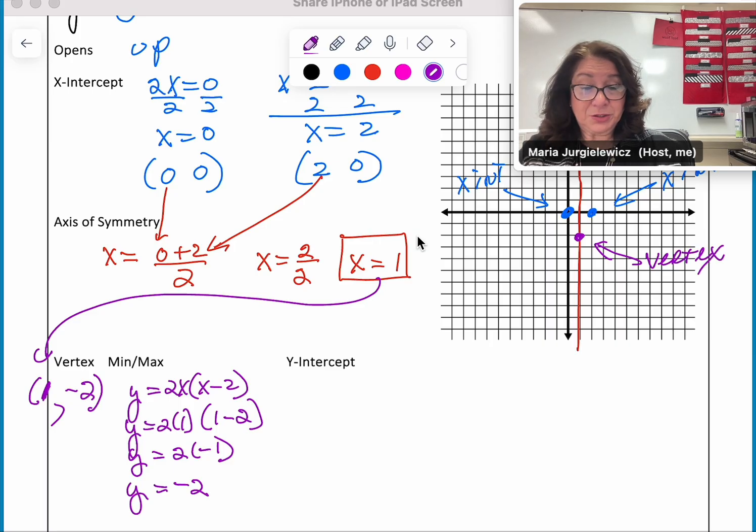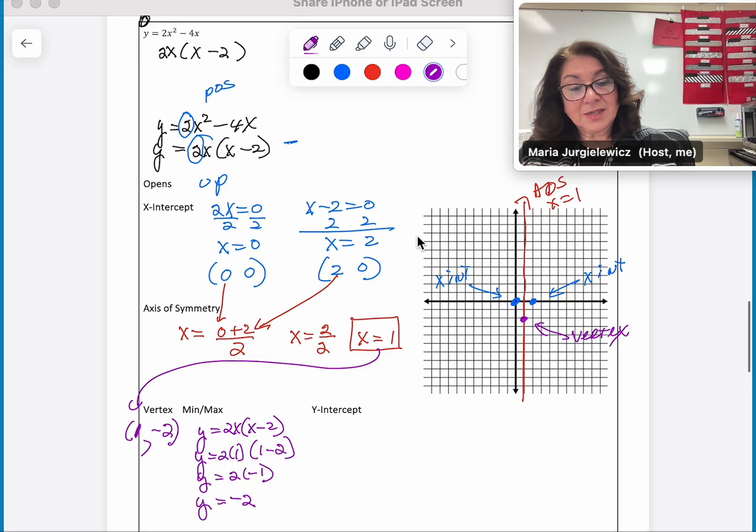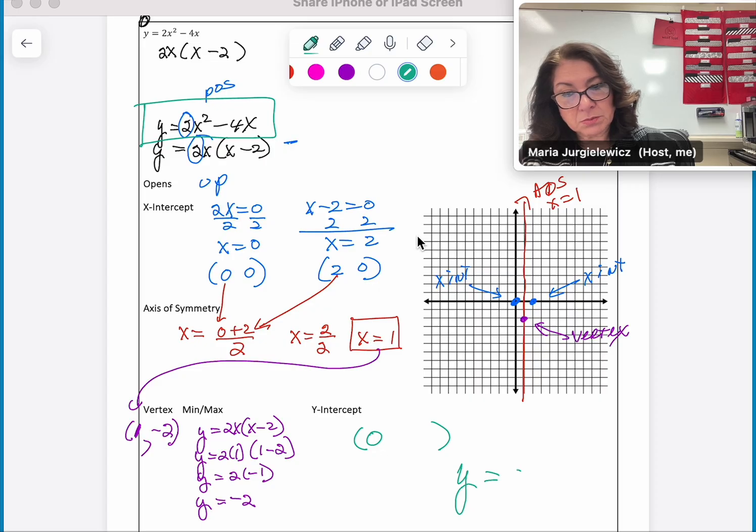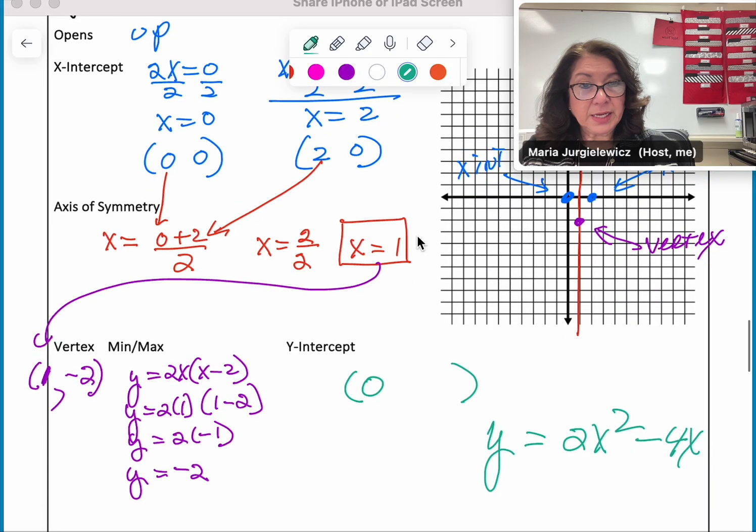Now for the y-intercept. Remember what I just said. The y-intercept will always be a 0 for the x. I could plug in the 0, like I've been doing with all the other ones, or I can look at that original equation that was not factored and look at the c value. Well, when I take a look at this equation right here, y is equal, and actually I'm going to write it out here just so I can explain it. When I do that and I look at that equation, this is my a value, this is my b value, my c value would be way back here.